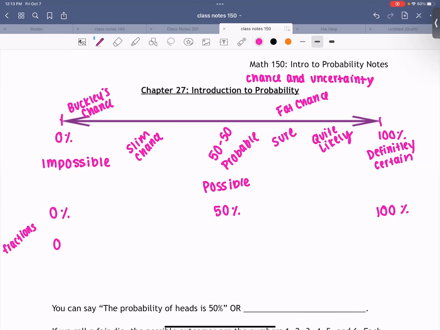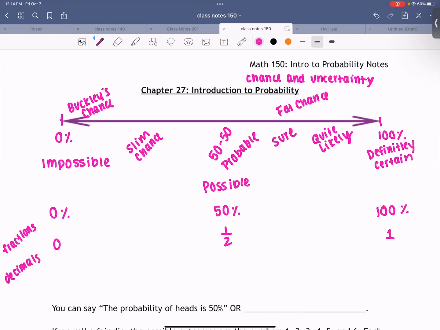What's 50% as a fraction? 1/2, good. And what's 100% as a fraction? 1, good. Okay, so whenever I talk about these percentages using fractions, I'm using this terminology where 0 is the least thing that can happen. 1 is the most likely thing that can happen. Okay. We can also use decimals.